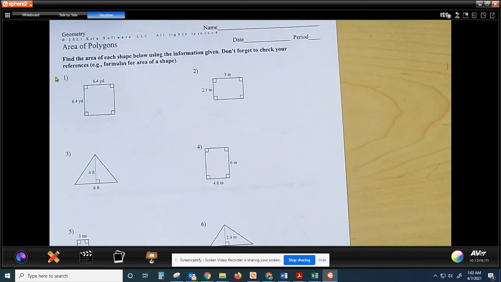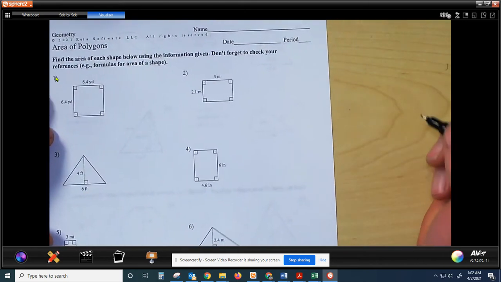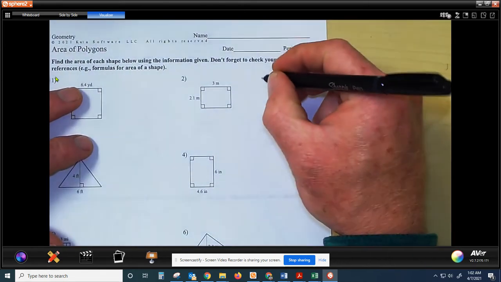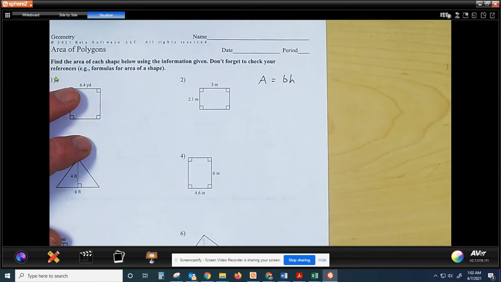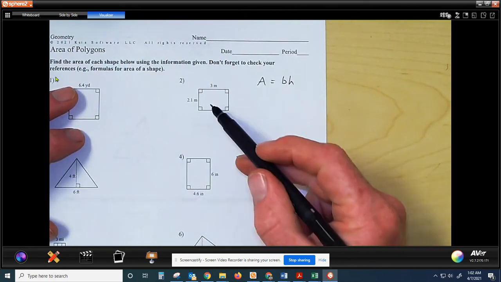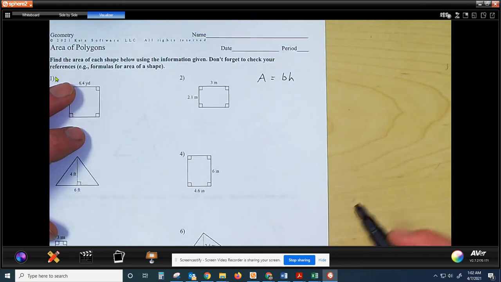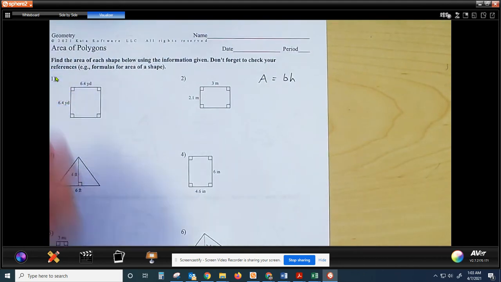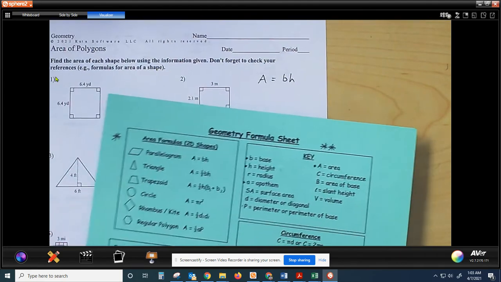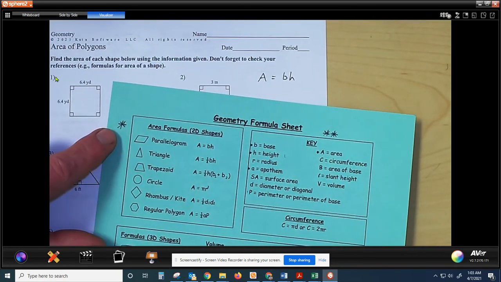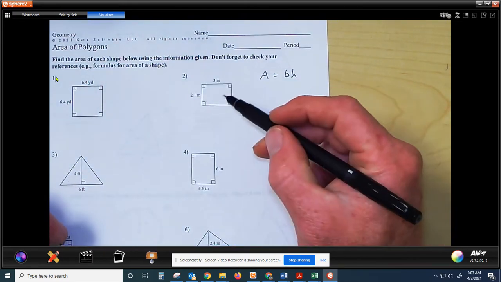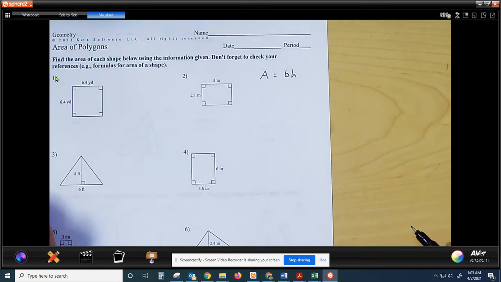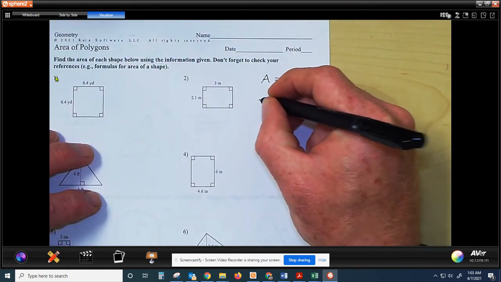Okay, so a couple examples from the front, and you might find yourself working a little faster than you might have. There's memory in there from doing these in the past. This is a rectangle. A rectangle is a parallelogram. That's why it's very, very simplified in this sheet of formulas. A square is a parallelogram. They all use the same formula. The area is the base.